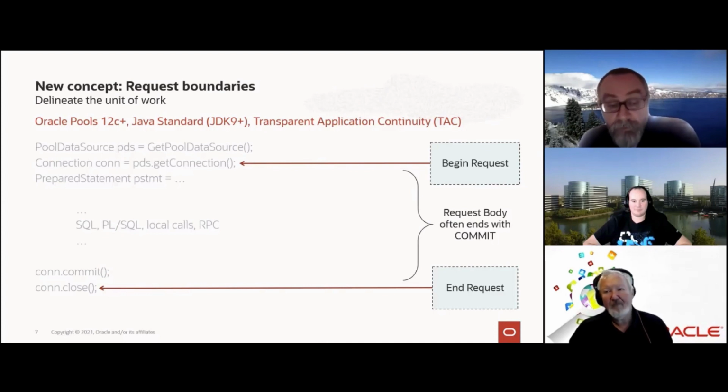In this example, we're using an Oracle pool. You take a connection from the pool to start your request. You submit a number of statements, SQL, PL/SQL, whatever they might be, and then you commit and/or close the connection, returning it to the pool to end the request. That's pretty explicit. Your application is deciding by its logic when the request starts and when it ends. It considers that to be a unit of work.